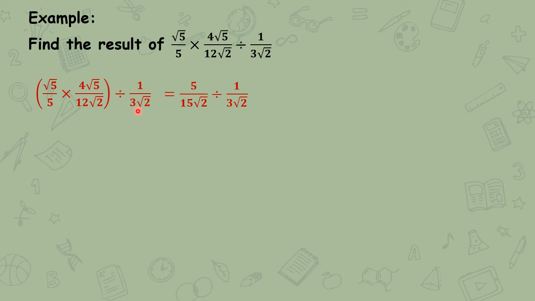Divide by 1 over 3 root 2: keep 5 over 15 root 2 the same, change division to multiplication, and find the multiplicative inverse of this number. Then 5 over 15 root 2 times 3 root 2 over 1 equals 1.